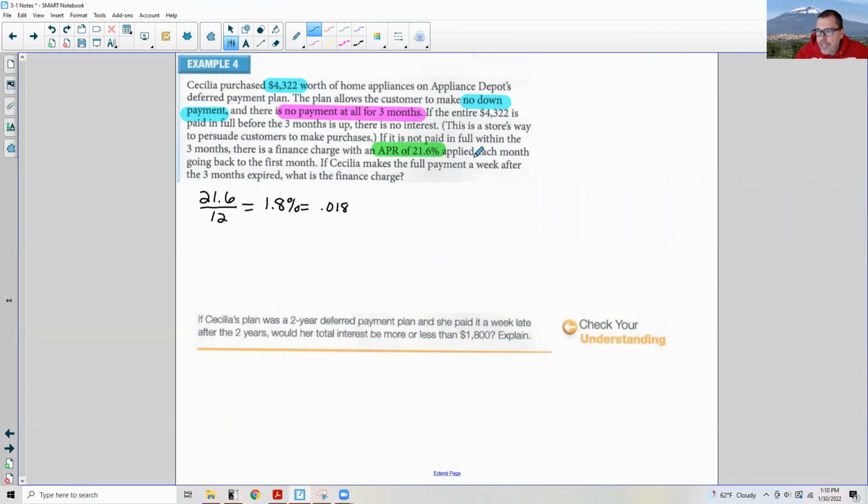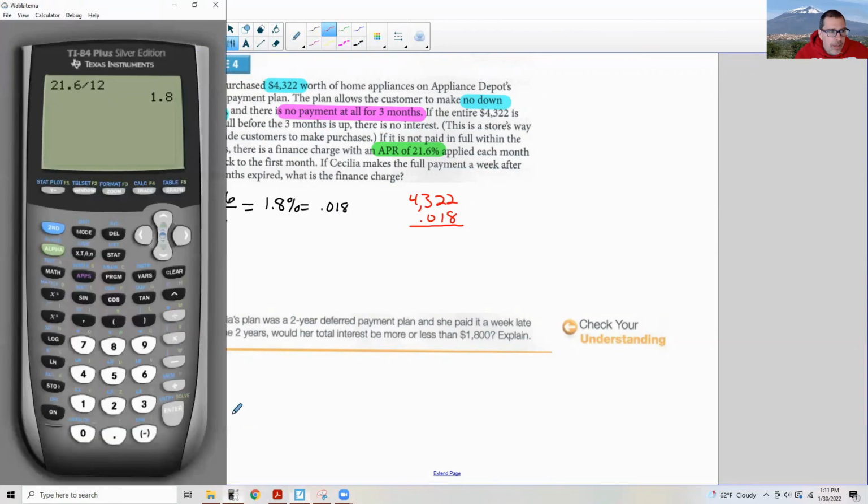Once we've done that, we want to find the interest after the first month. So step 2, you take the amount, $4,322, and multiply that by 0.018.